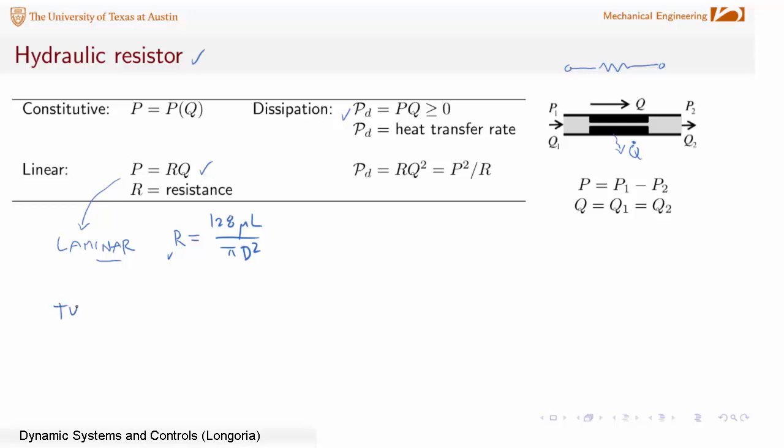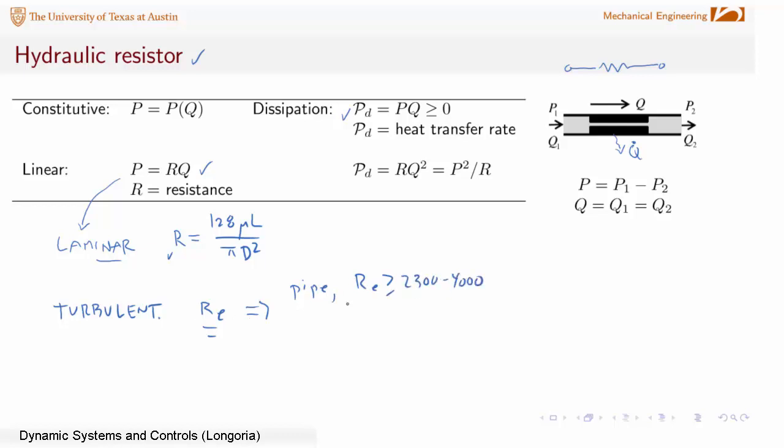But if you have turbulent flow, which, remember, is going to depend on the Reynolds number, so you always have to compute the Reynolds number. For a pipe, sometimes we say maybe anywhere from 2,300 to 4,000 Reynolds number.